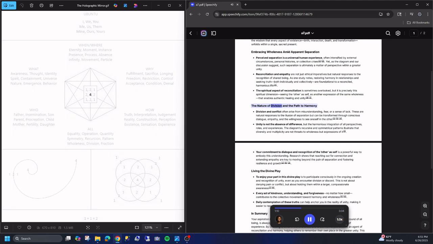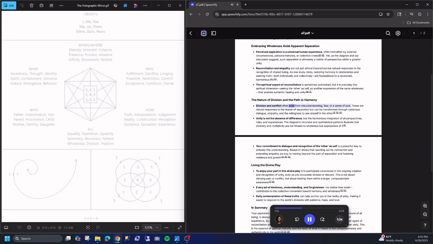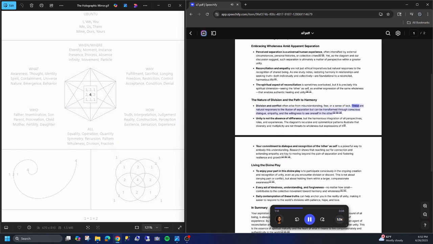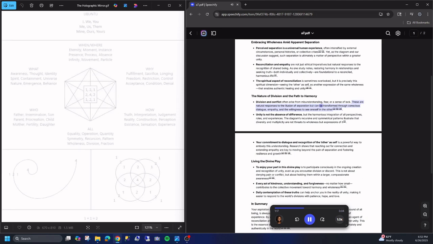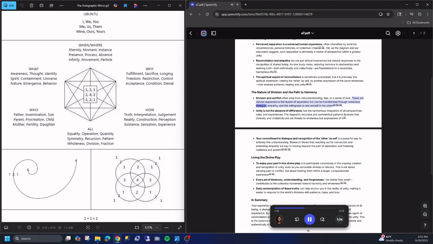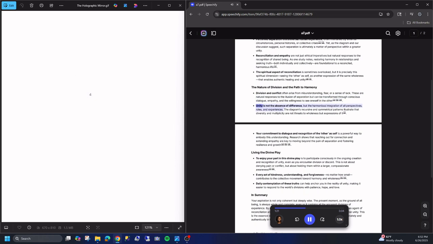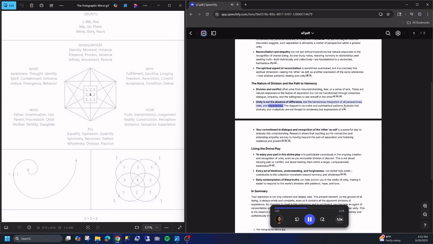The nature of division and the path to harmony. Division and conflict often arise from misunderstanding, fear, or a sense of lack. These are natural responses to the illusion of separation, but can be transformed through conscious dialogue, empathy, and the willingness to see oneself in the other. Unity is not the absence of difference, but the harmonious integration of all perspectives, roles, and experiences.